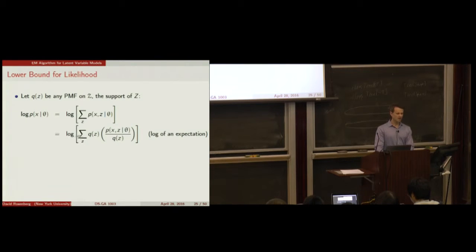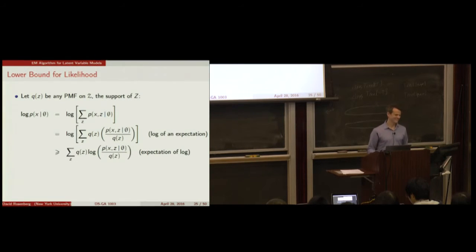So we have a log of an expectation, so now we can use Jensen's inequality and swap it, right? So which way will the inequality go? The function is concave, not convex, so you have to switch it once.